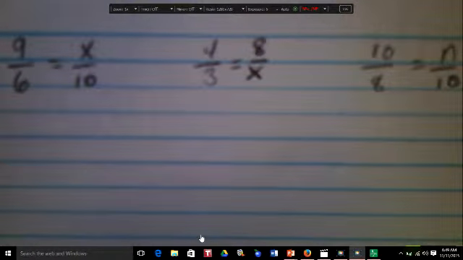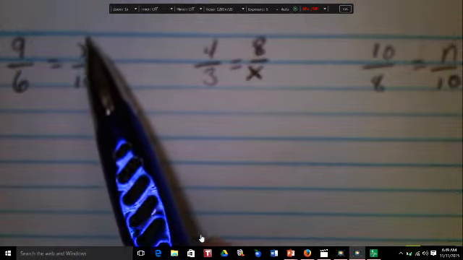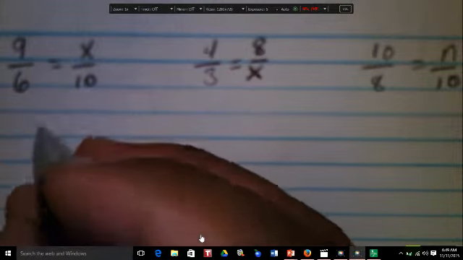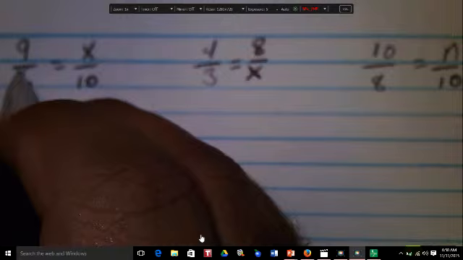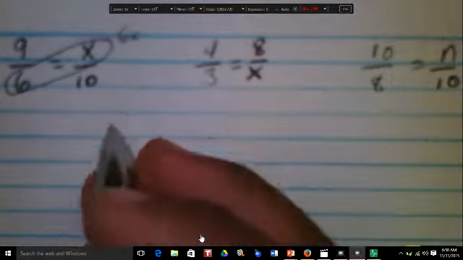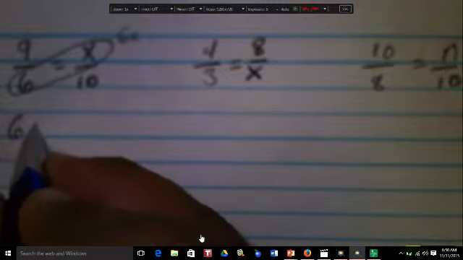As you know, one way to check that ratios are equivalent, or actually proportionate, is to cross multiply. So we're going to use that method. We multiply the 6 with the x. That gives us 6x, correct? So we'll write 6x right here.